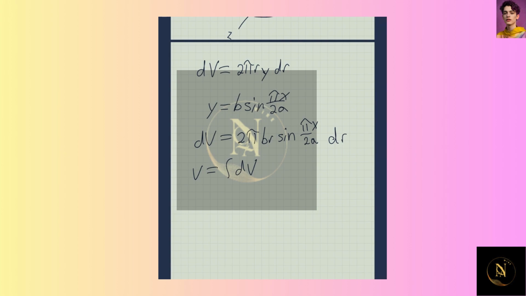And now we can solve for the volume that we'll need to plug into our equation for the centroid. The volume is equal to the integral of dv, and this is going to be the integral from 0 to 2a, which is the length of this volume, this object.